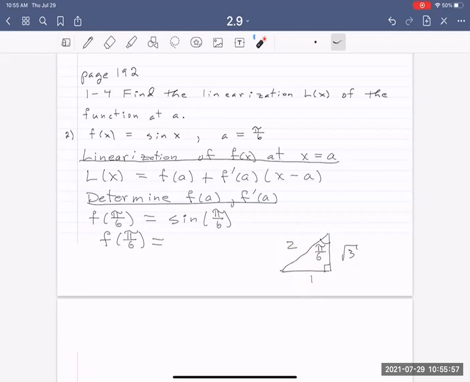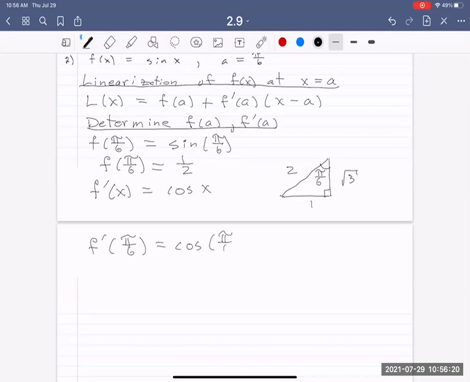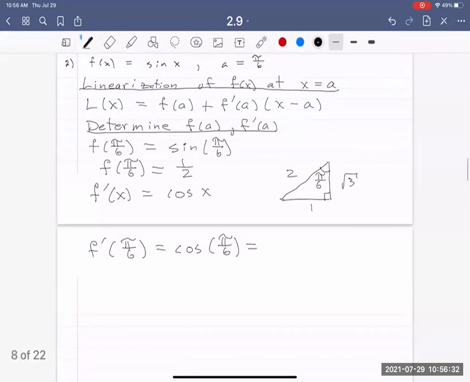It's the opposite over the hypotenuse. Let's look at the derivative of the sine of x, cosine x. So let's evaluate the derivative at pi over 6. And so the cosine of pi over 6 is the adjacent over the hypotenuse, radical 3 over 2.